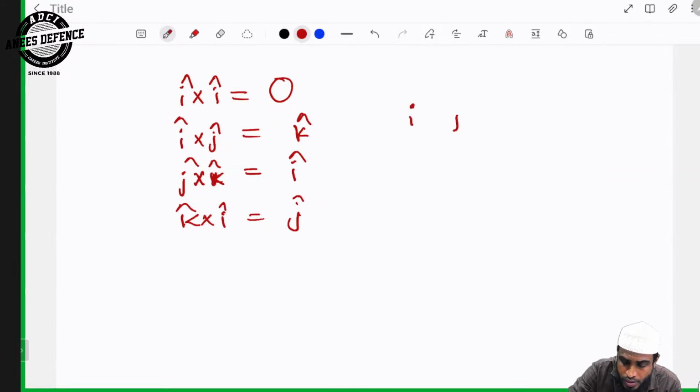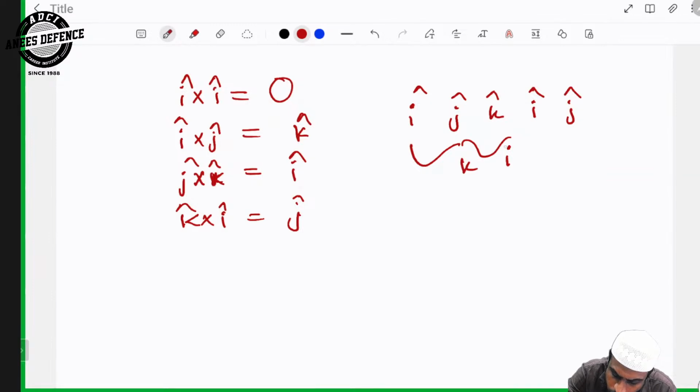For example, I, j, k. If you are doing I cross j, that will be k. J cross k, you will be getting I. Then after k, you have to put I, then you have to put j. So if you are putting k cross I, you will get j.